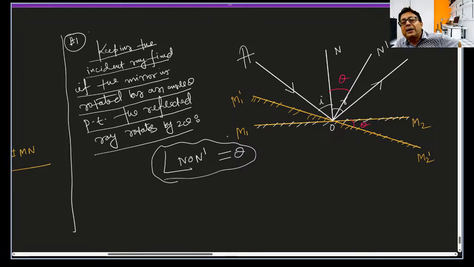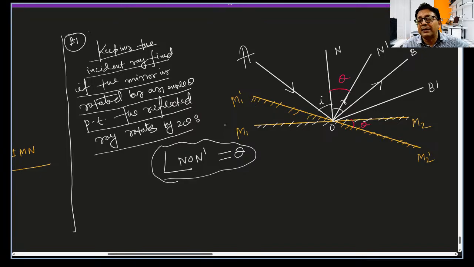But you are going to prove that the reflected ray, initially the reflected ray was OB, but now the reflected ray will be OB dashed.